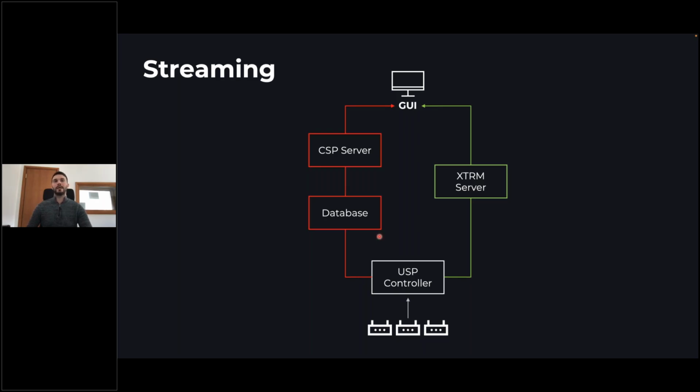What we're aiming for here with the streaming part is getting the information directly from the USP controller into our Extreme server, and then showing this information on the GUI side in a native way, which is then covered and handled for, let's say, any application.